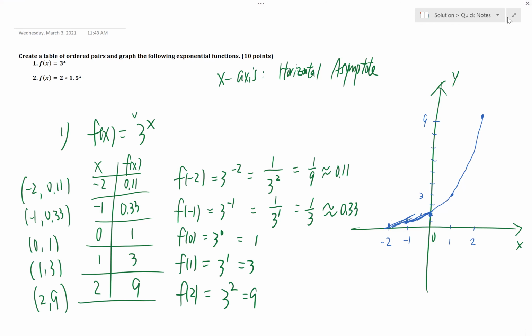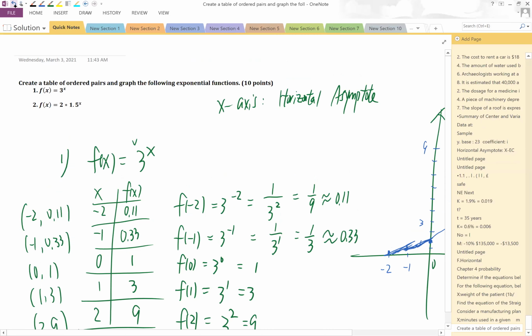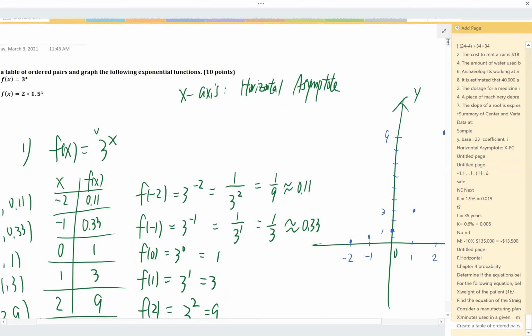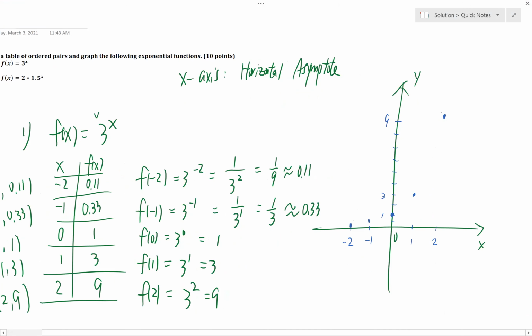I did not do well. Can I redo it? Okay, one more time. You're going to connect all those with a smooth curve and extend in both directions. And if you want, you can label this y equals 3 to the x.